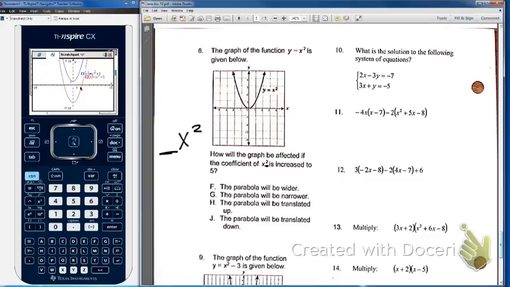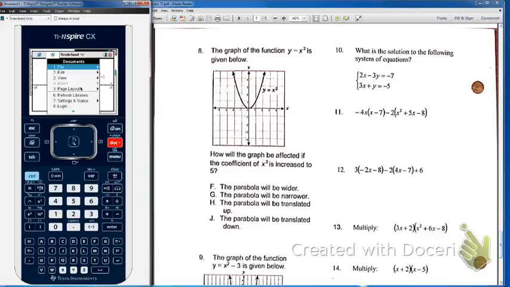So let's go ahead and graph y equals x squared. Push tab, and then just instead of graphing x squared, I'm going to graph 5x squared. So what happened?